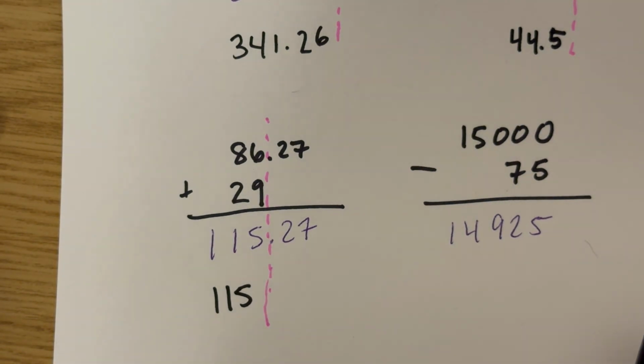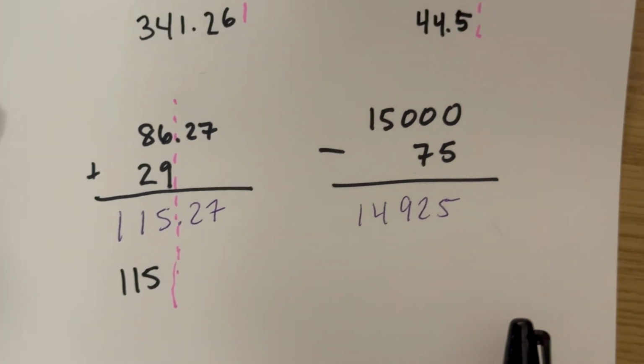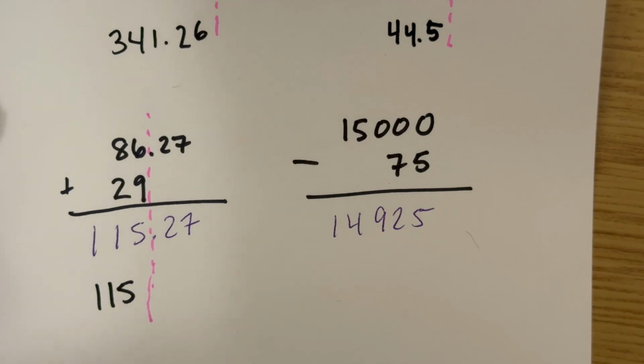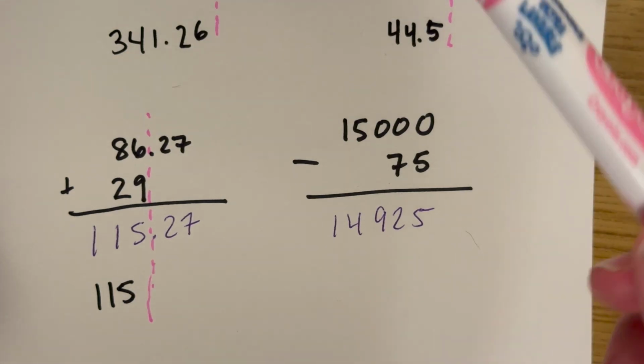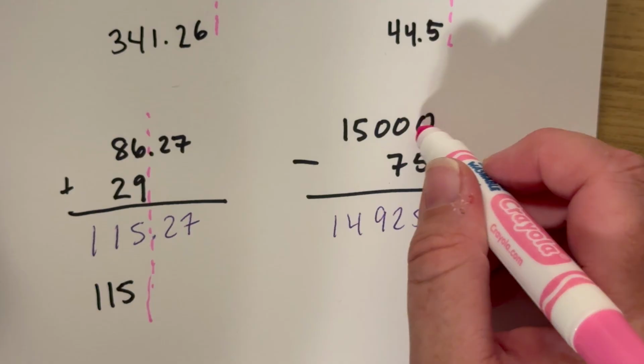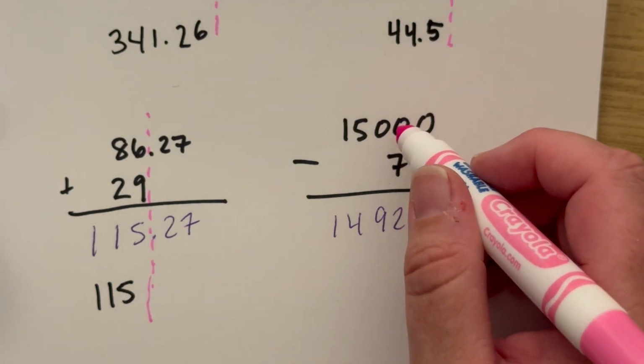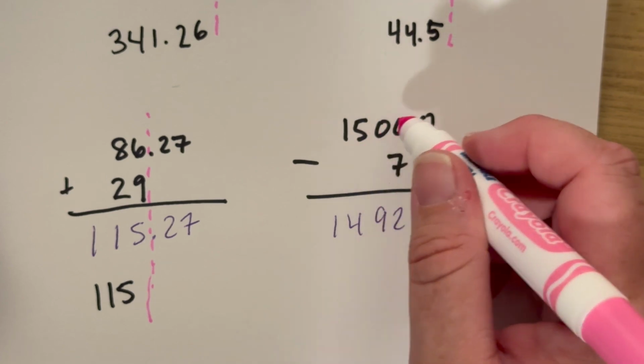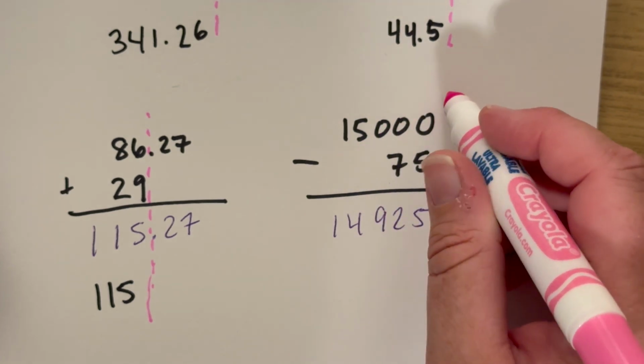We come over here, this one can be a little bit frustrating because when you're looking at it, you can see that you're actually subtracting something away. You have 15,000 minus 75. And when you physically take that away and put it in your calculator, you have 14,925. But because we have this number here that's only significant to the thousands place, everything here is insignificant.